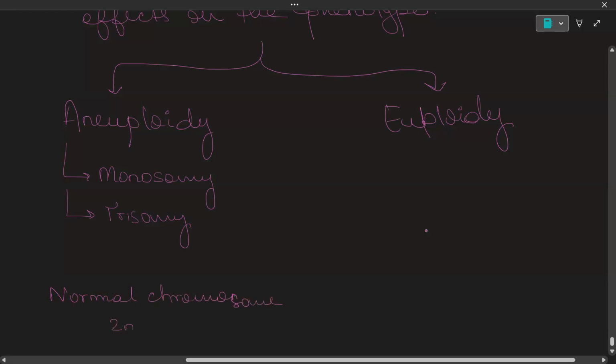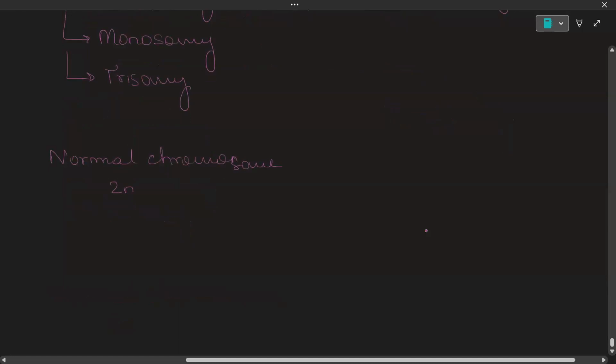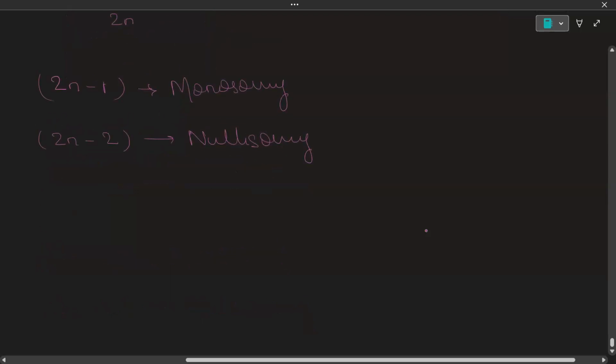A normal chromosome count would be 2n, a diploid case, isn't it? Now, if the situation is 2n minus 1, when you subtract 1 chromosome, then that case is known as monosomy. Getting my point? And if the case is 2n minus 2, then that is known as nullisomy. These are not in the syllabus, but you should know. Monosomy and trisomy are the important ones. Then 2n plus 1 is trisomy.